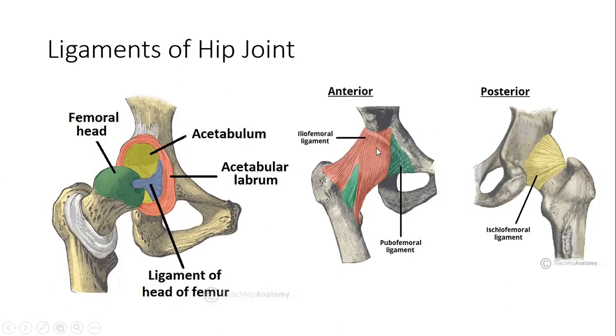So let's see their attachments and significant points one by one, starting with the extrinsic ligaments and the iliofemoral ligament, which is considered to be one of the body's strongest ligaments.